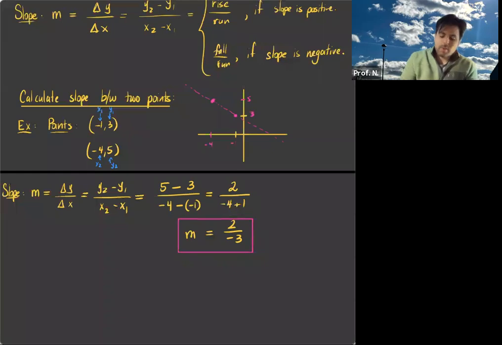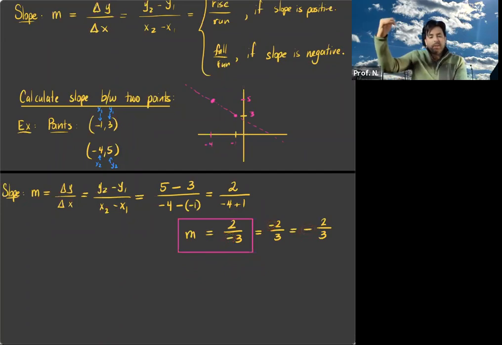I calculated the slope between the 2 points. It's 2 divided by negative 3. And again, 2 over negative 3 can also be written as negative 2 over 3. So this negative symbol can be placed either at the numerator or denominator or on the side. They all mean the same thing.